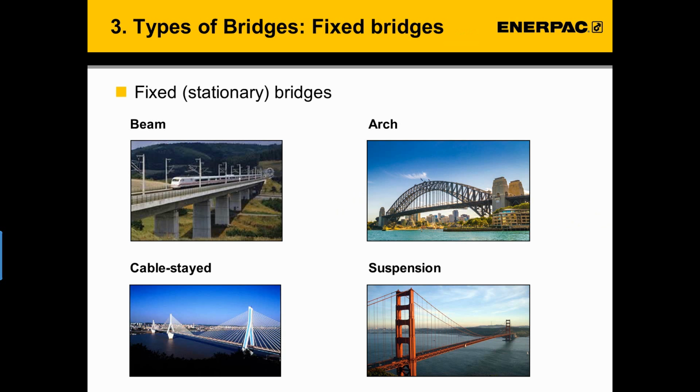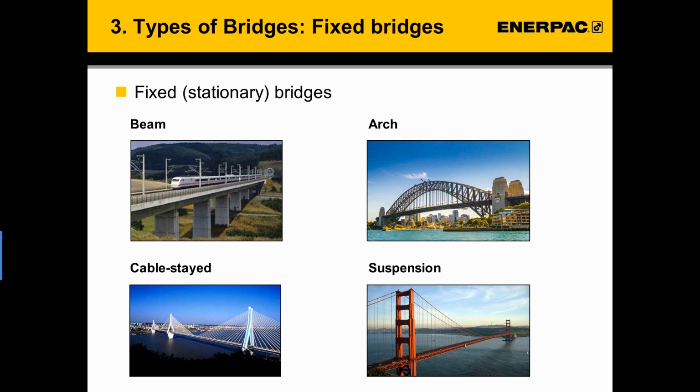Fixed bridges come in many different shapes. The basic building principles are beam bridge design, arch bridge design, cable stayed bridge design, and suspension bridge design. The architect's choice when designing a fixed bridge is dictated by the span the bridge has to cross. The beam design will span around 250 feet or 76 meters before needing another support.